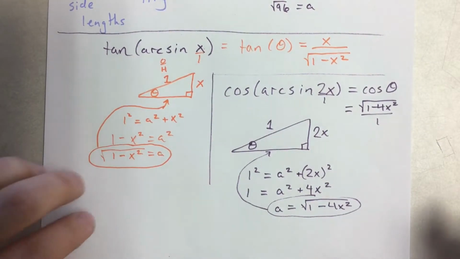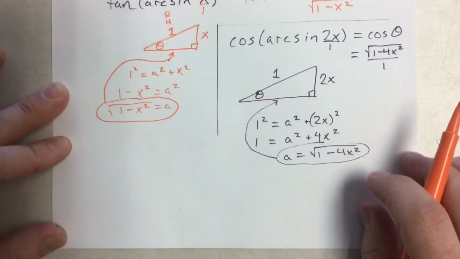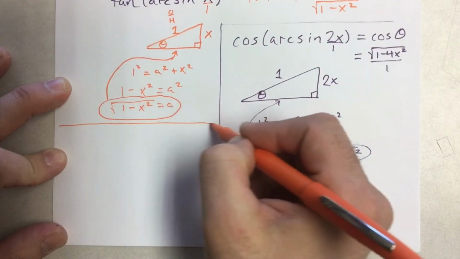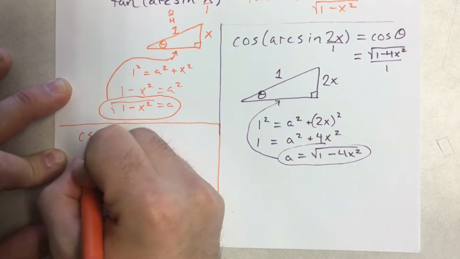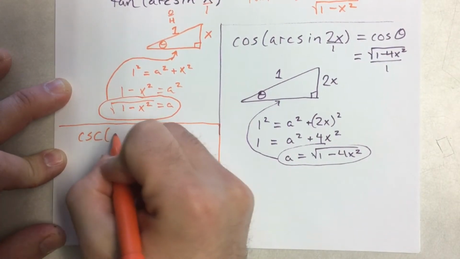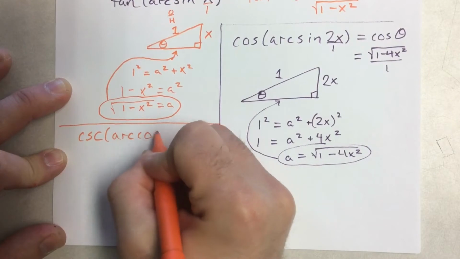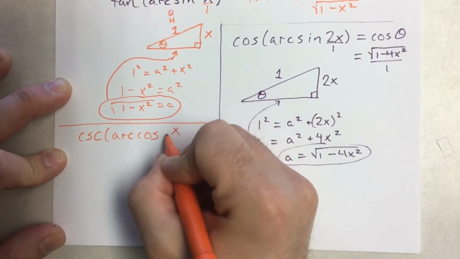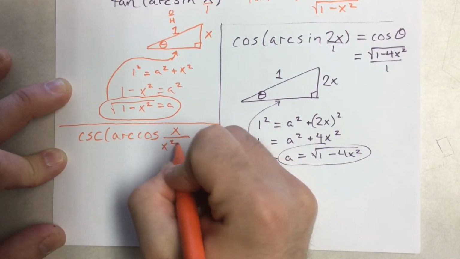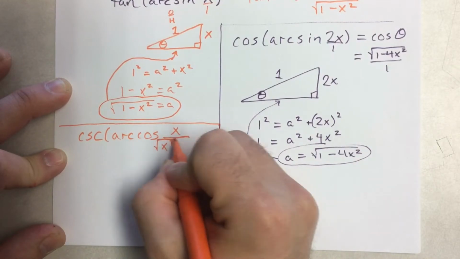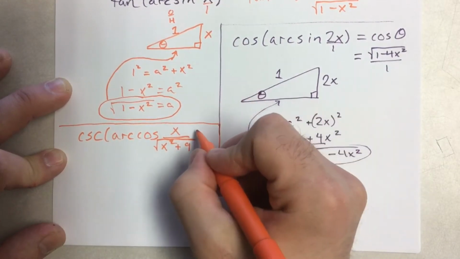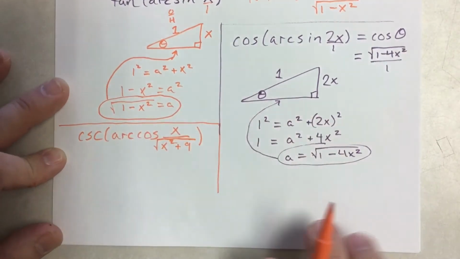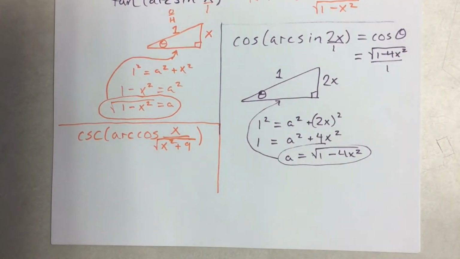Okay, so let's talk about cosecant of arc cosine of x over x square root of x squared plus 9. So this looks a little nasty, but let's just take it using our reference triangle and see what we can do in this problem.